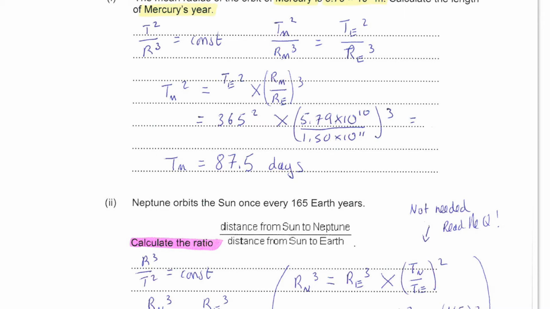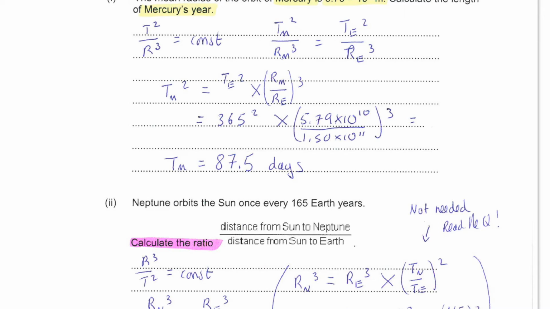Now it is possible that you're happy to go straight to this point through understanding Kepler's law. So Kepler's law says that the time period squared is proportional to the radius cubed. Now that means that a greater radius would give a greater time period and a smaller radius would give a smaller time period.